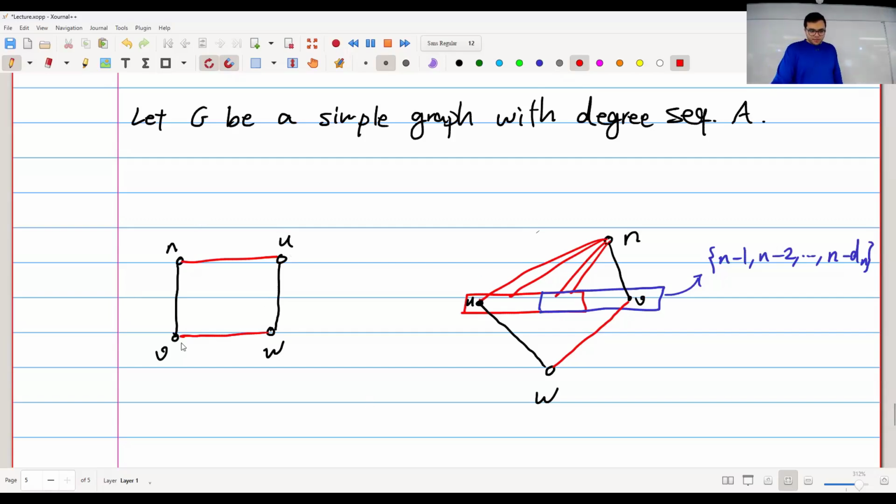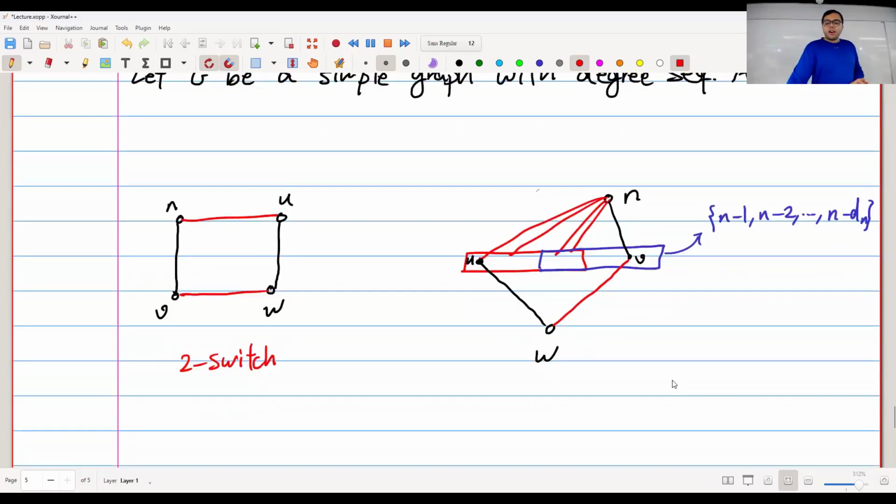I want to find three vertices, U, V, and W, such that n is connected to U, but not connected to V. So basically, the red ones are the edges in G, and the black ones are the edges that I want to add, right? So this operation is called the two-switch. And if I can find such U, V, and W, and if U is one of the undesirable neighbors that I don't want to be neighbors of n, and V is one of the desired vertices that I want as neighbors of n, then I'm getting one step closer to having the correct set of neighbors for n. Okay. Why can I always find such a W?